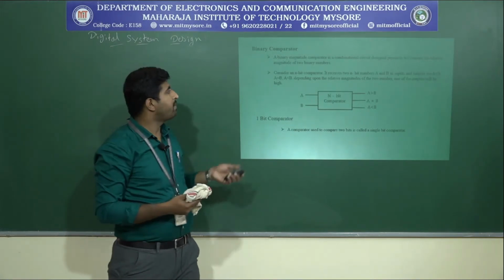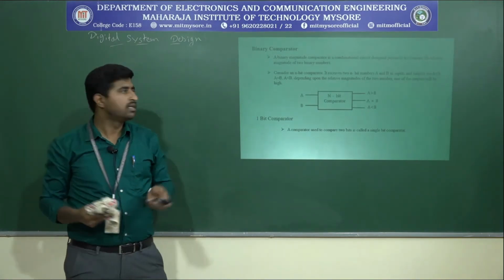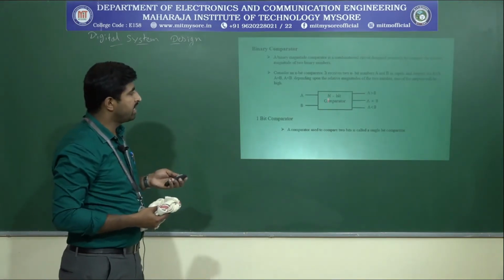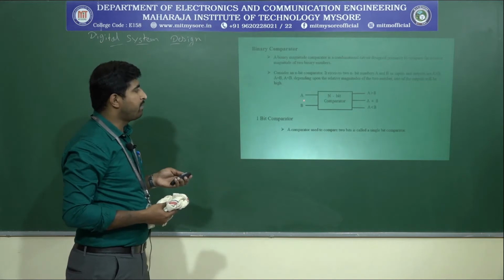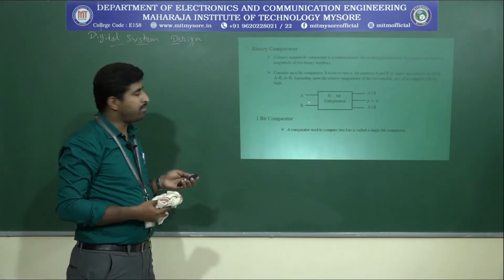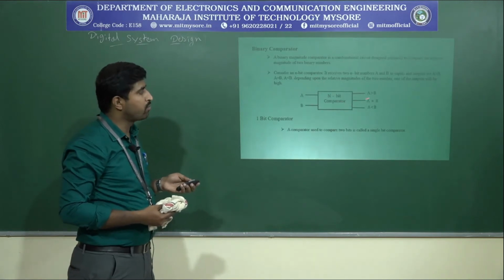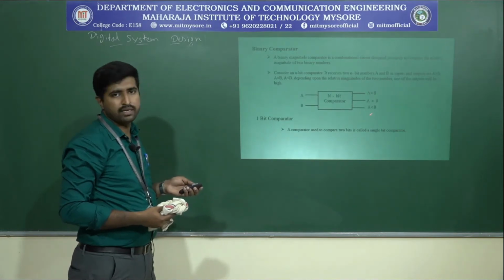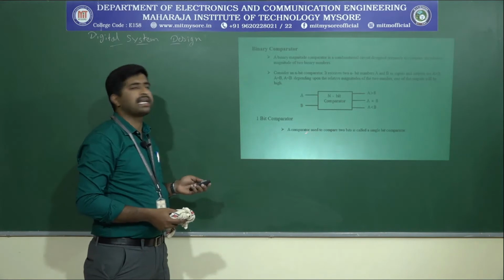So these comparators have 3 outputs and 2 inputs. Generally, in an n-bit comparator we have n-bit values A and B. A and B are the 2 inputs of n bits, and this comparator produces the 3 outputs: A greater than B, A equal to B and A lesser than B. To understand the comparator, let's take an example.